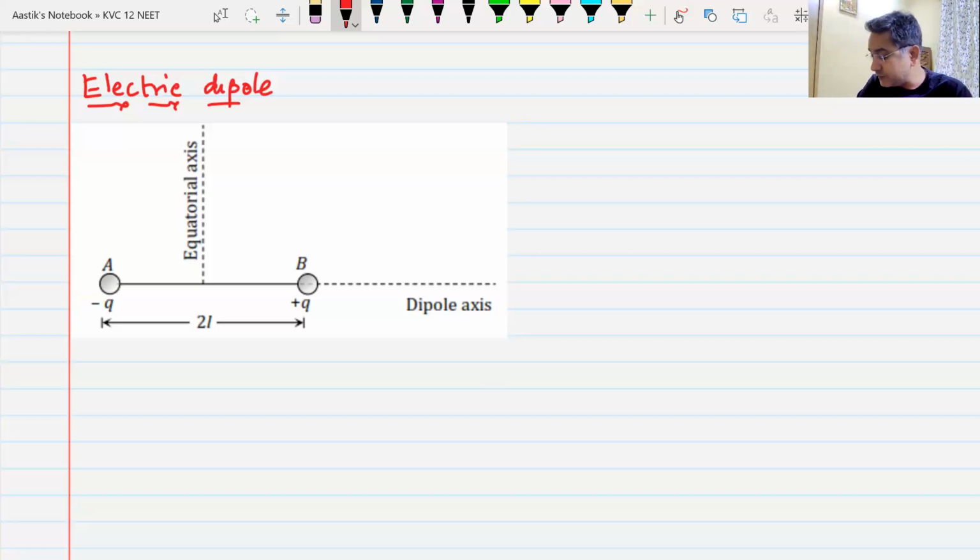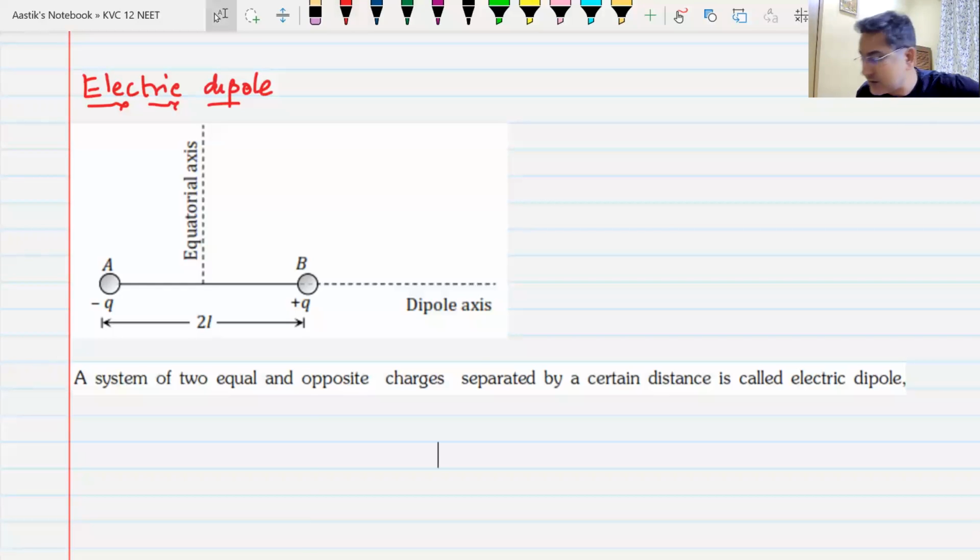It's a system of two charges equal and opposite in nature, separated by a small distance. This combination is known as electric dipole. Here the distance is shown very large, but it's actually not so large. This is just an exaggerated view of the dipole. I hope we understand this.